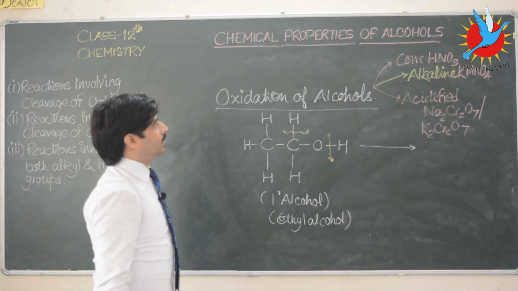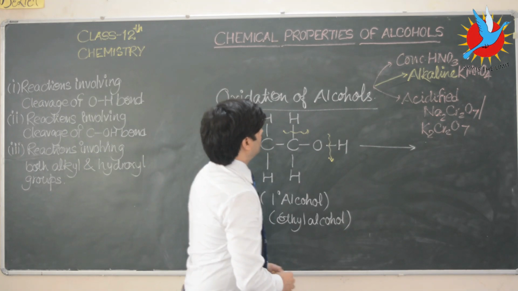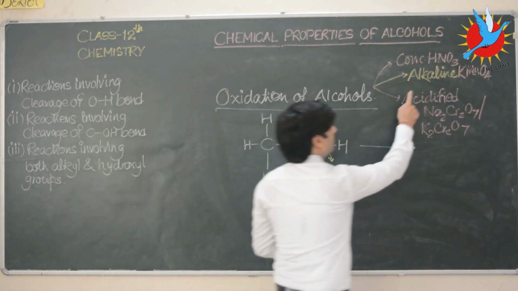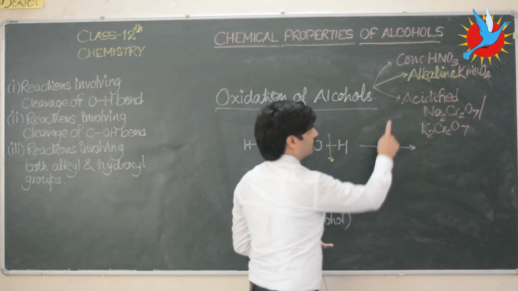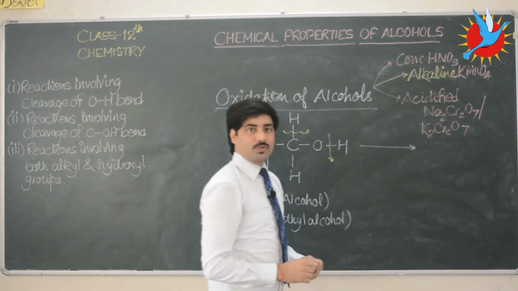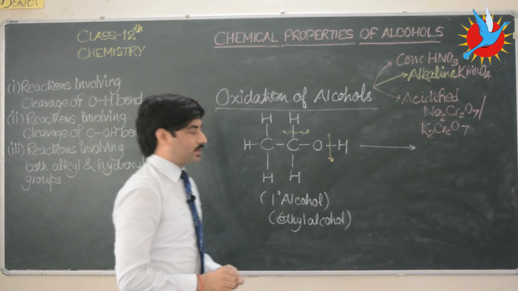So we have three important oxidizing agents for the oxidation of alcohols. These are alkaline KMnO4, acidified Na2Cr2O7 or K2Cr2O7, or the third one is concentrated HNO3.